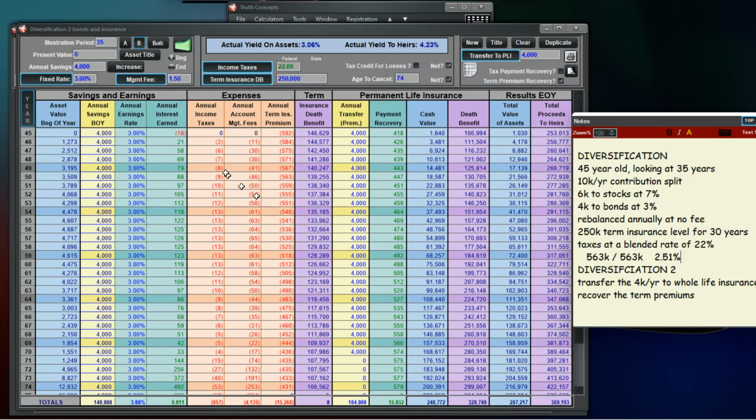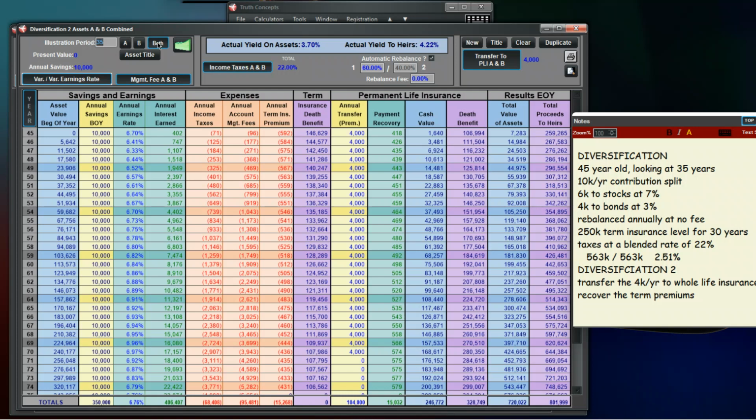And so when we look at those two things together, now we can see that we have a total of $720,000. So this is the stock account, a little bit of bonds, and the whole life insurance. So we are at $720,000. We have to the heirs $801,000, so 801K there.